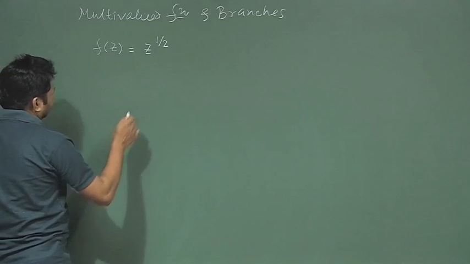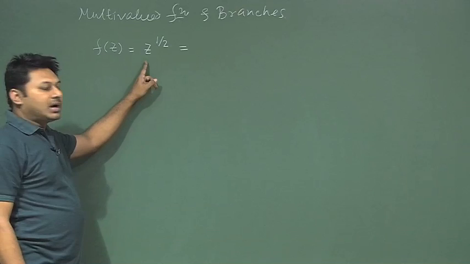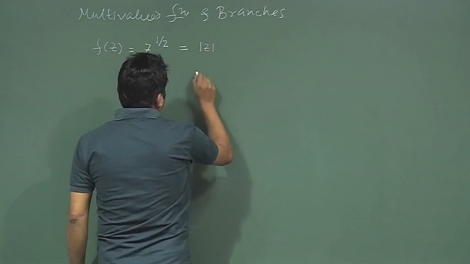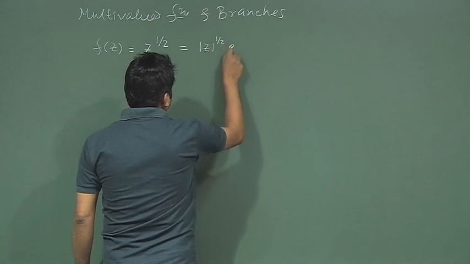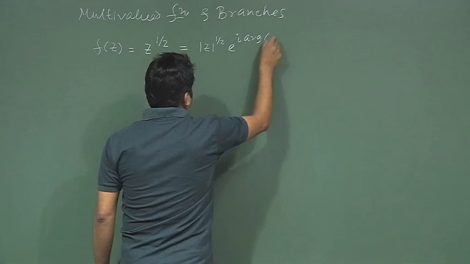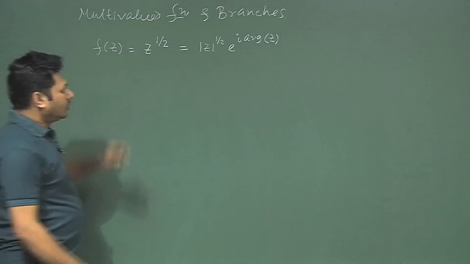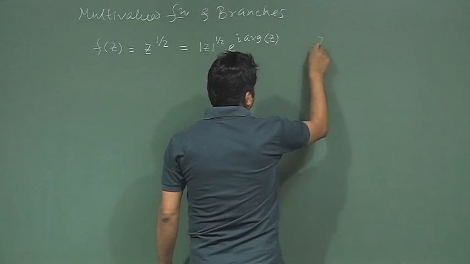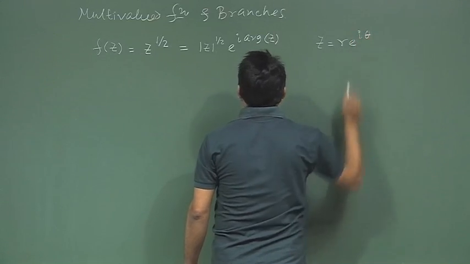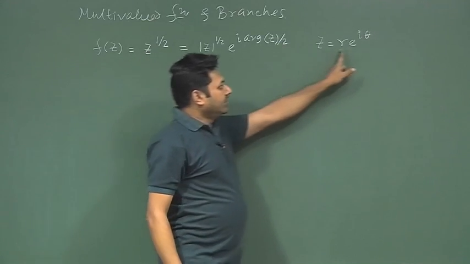I can write this function z to the power half as mod of z to the power half e to the power i argument of z by 2, because any complex number can be written as r e to the power i theta.